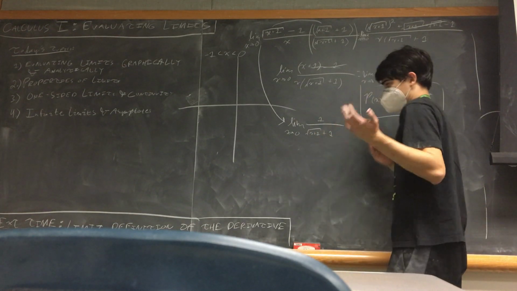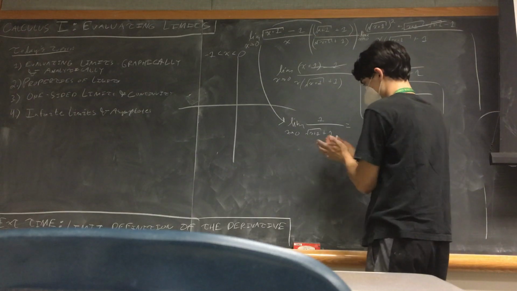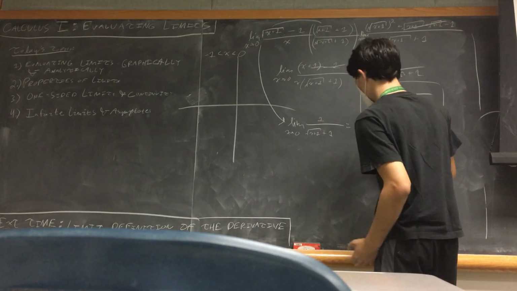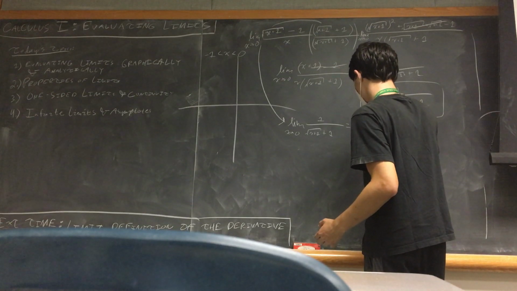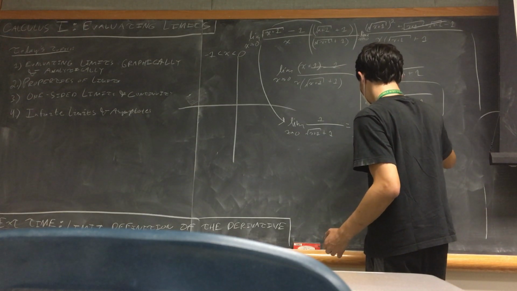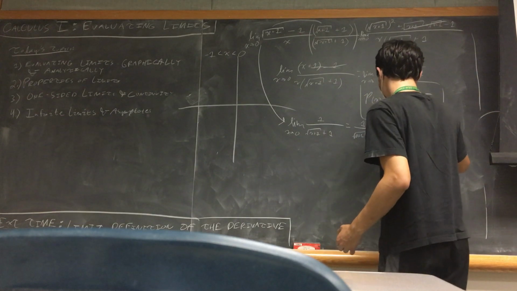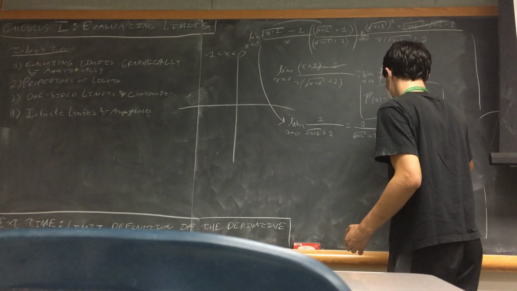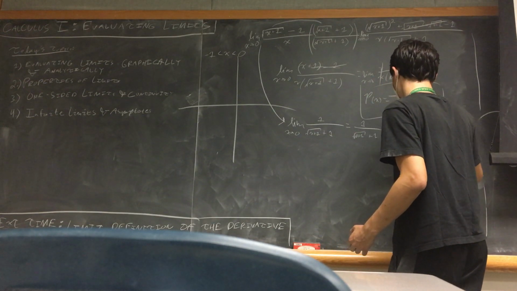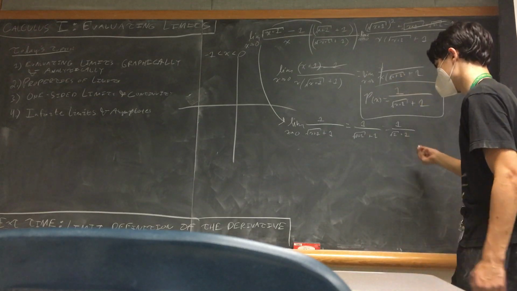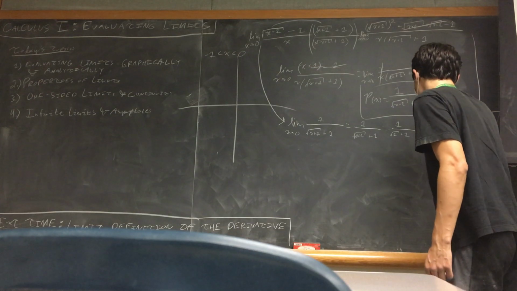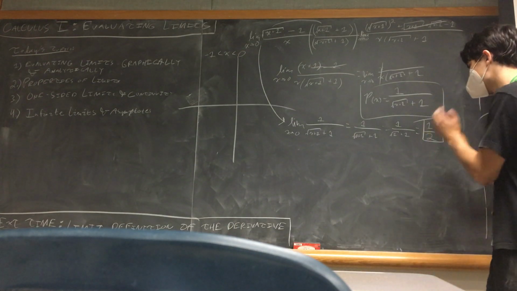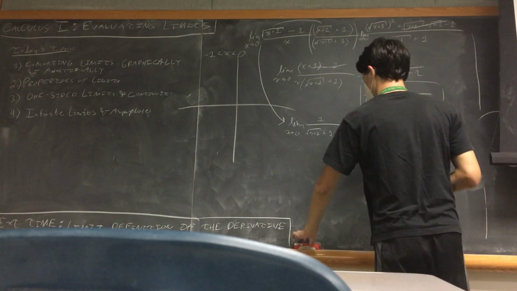So we have 1 over square root of 0 plus 1 plus 1, which is equal to 1 over square root of 1 plus 1. The square root of 1 we know is just 1. So this is equal to 1/2. And there is your limit for this problem.